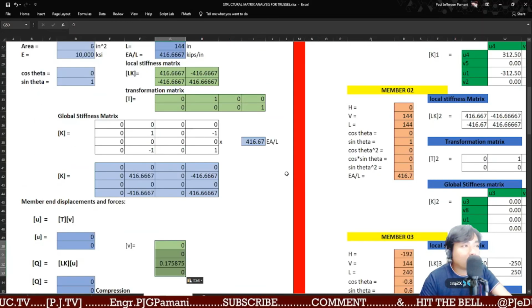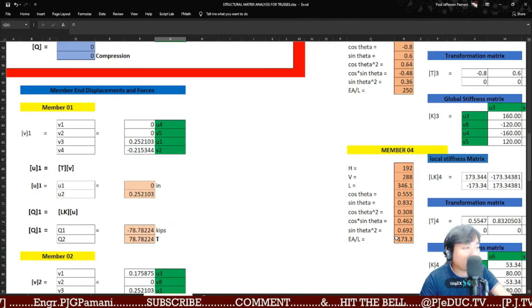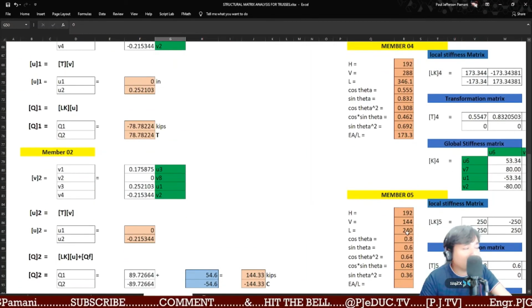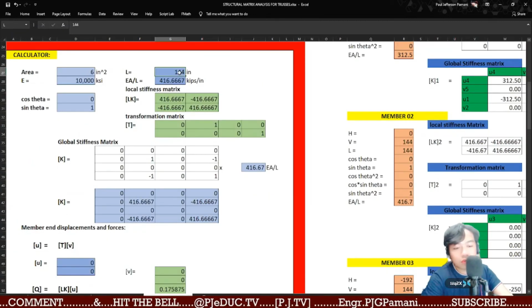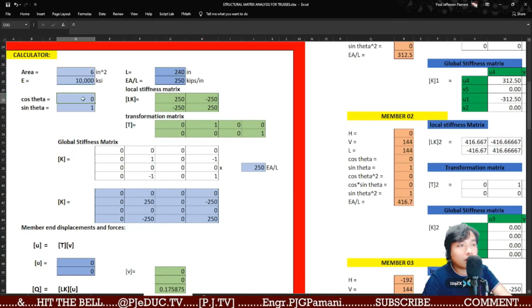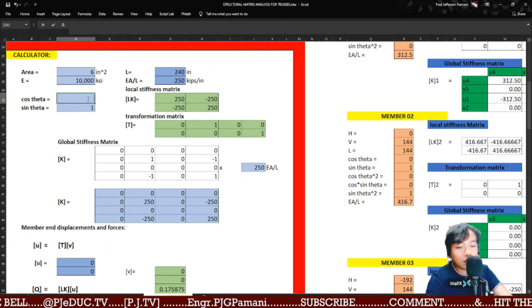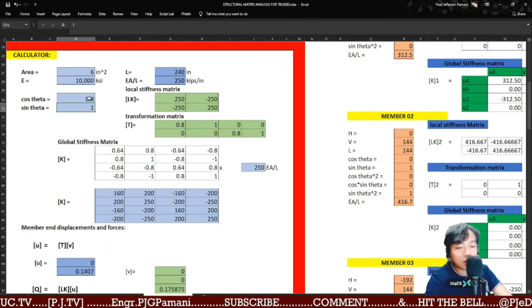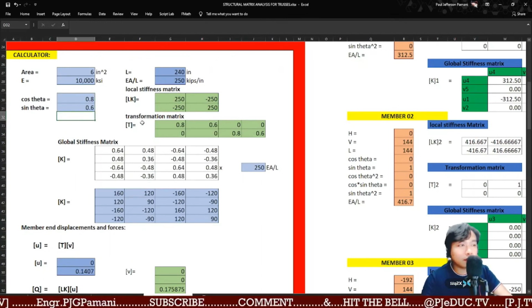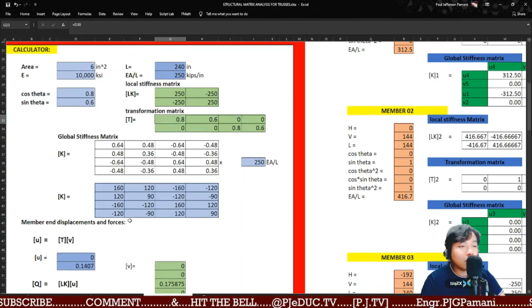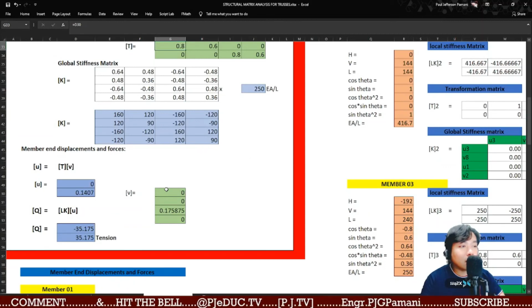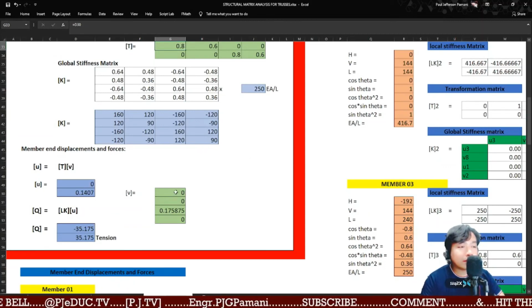Identify again the transformation matrix for member 5. It is 240, 0.8, and 0.6. Length is 240. Cosine theta is 0.8. Sine theta is 0.6. Multiply the transformation matrix of member 5 with the end displacement under global coordinate system of member 5.